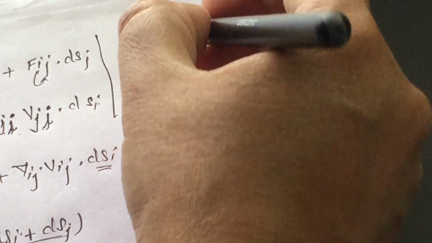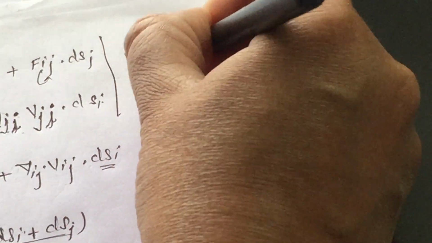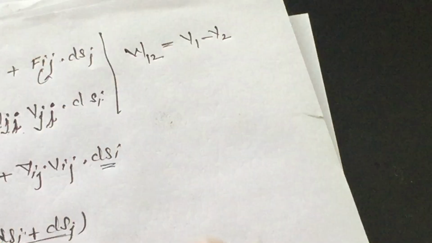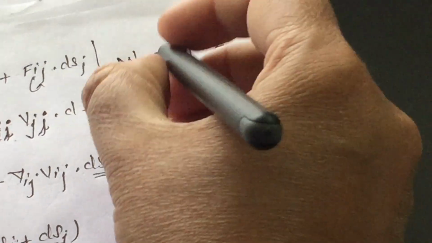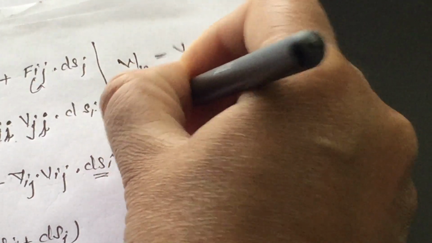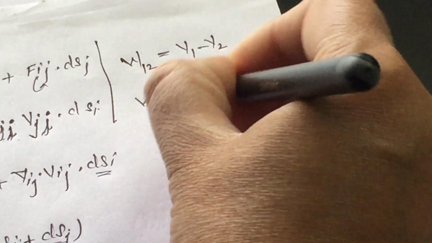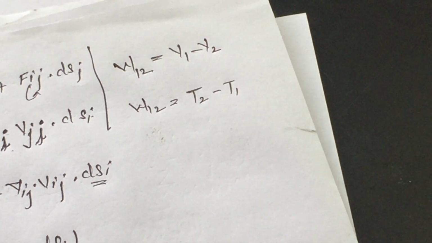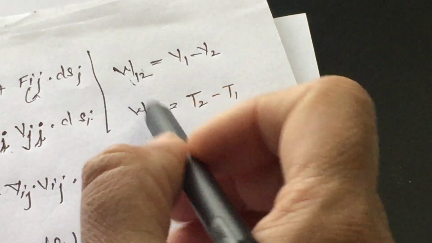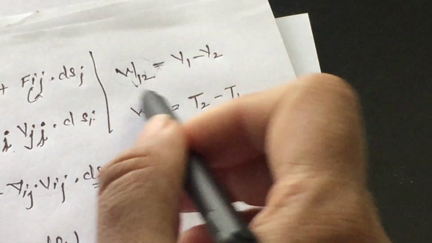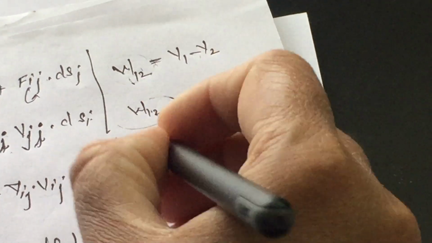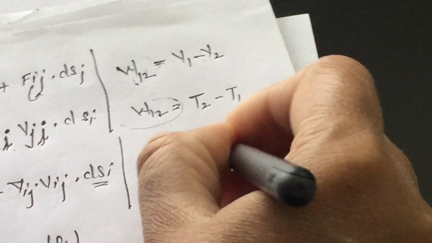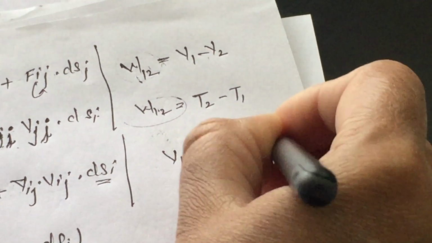Potential energy in moving a system from point 1 to 2 can be given as the initial potential energy minus the final potential energy. And in case of kinetic energy, we find out that this is the relation, that is the final kinetic energy minus initial. Both quantities, both equations are representing the same work done. It means V1 minus V2 is nothing, it is T2 minus T1.